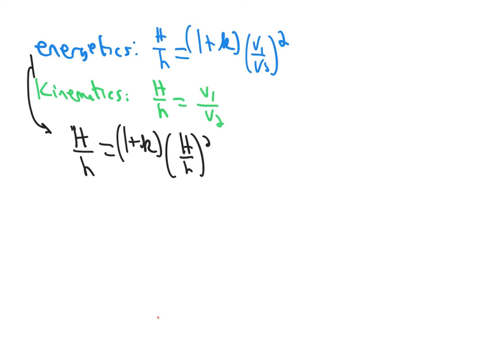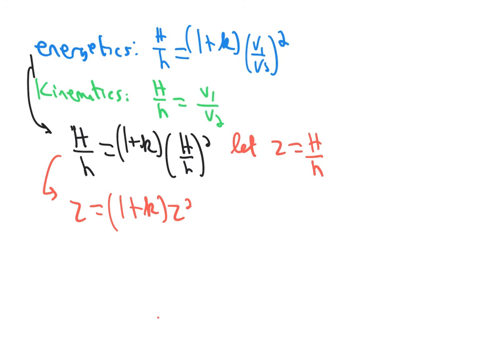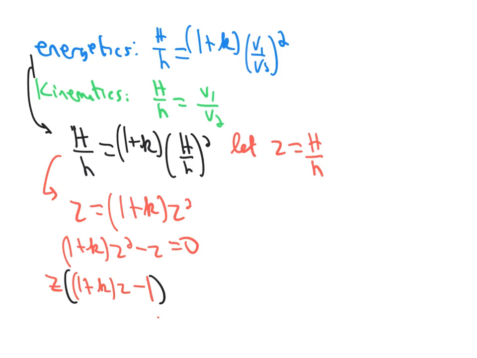And for algebraic convenience, and not to carry lots of weird fractions, let's just for the moment define that ratio as the letter z, and that lets me say that z equals (1 plus k) z squared. So then we can bring this over and say that (1 plus k) z squared minus z equals 0. So z times ((1 plus k) z minus 1) equals 0.